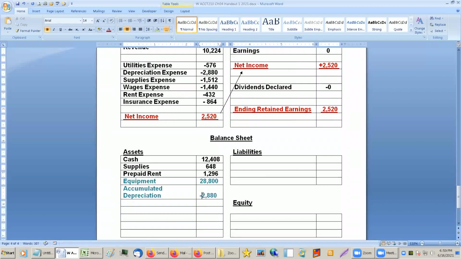This accumulated depreciation will be subtracted. I think this is the first what's called contra account. In other words, it goes against another account. In this case, it's a contra asset.